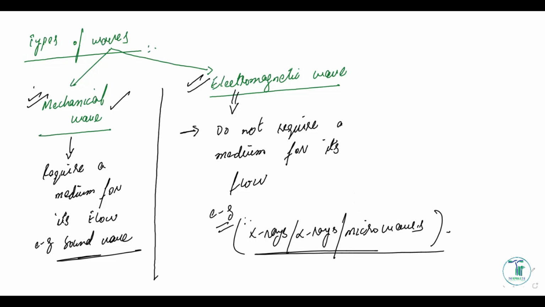Yes. Secondly, whenever you talk about a mechanical wave, in this chapter, we are just going to talk about the mechanical waves in detail. Okay? We only have to talk about mechanical waves in detail. So remember that there are two types of mechanical waves.